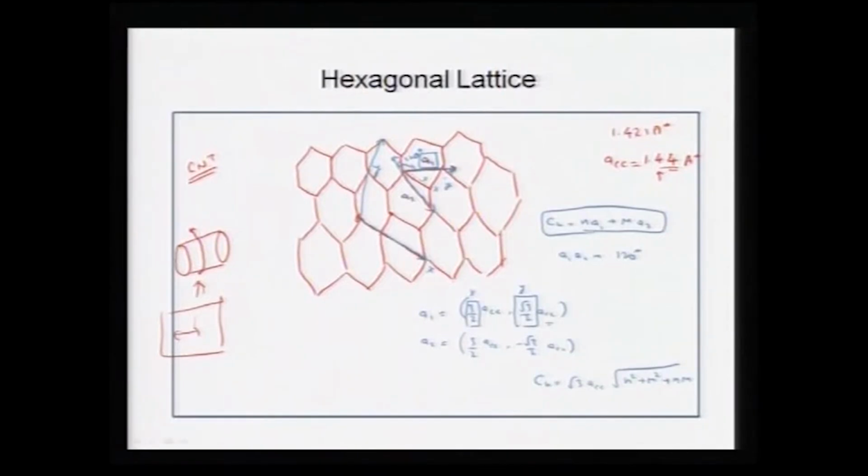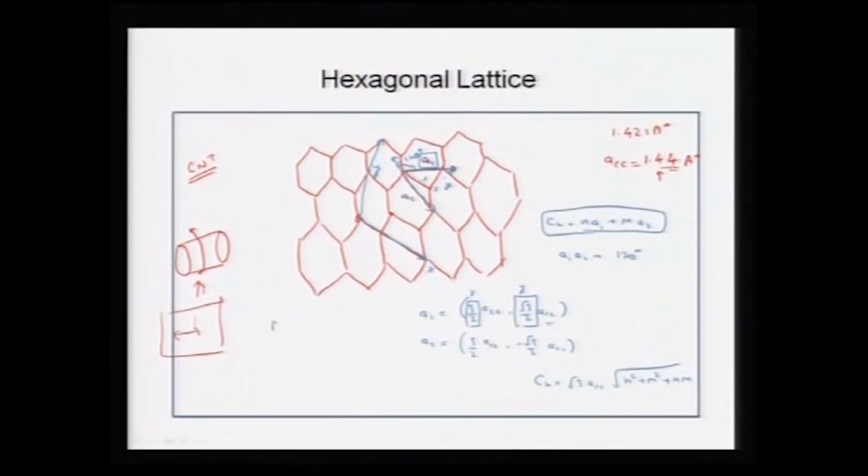So, we can see that this is the circumference of the tube, which is defined as the chiral vector for this particular carbon nanotube. Apparently, we can define carbon nanotubes in two certain forms. Once I come to that, I will also discuss how we can really form it. Let me first go back to this carbon nanotube structure and explain it further.